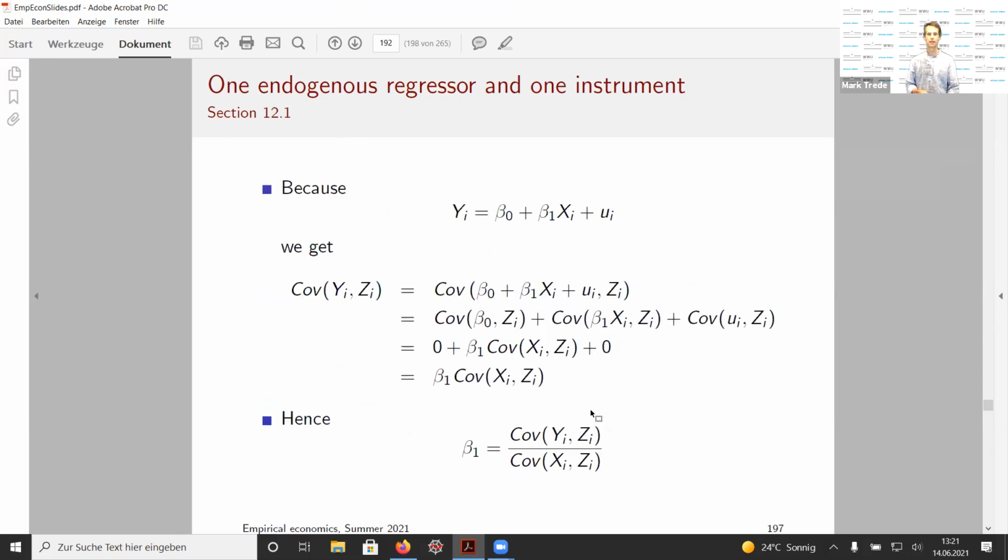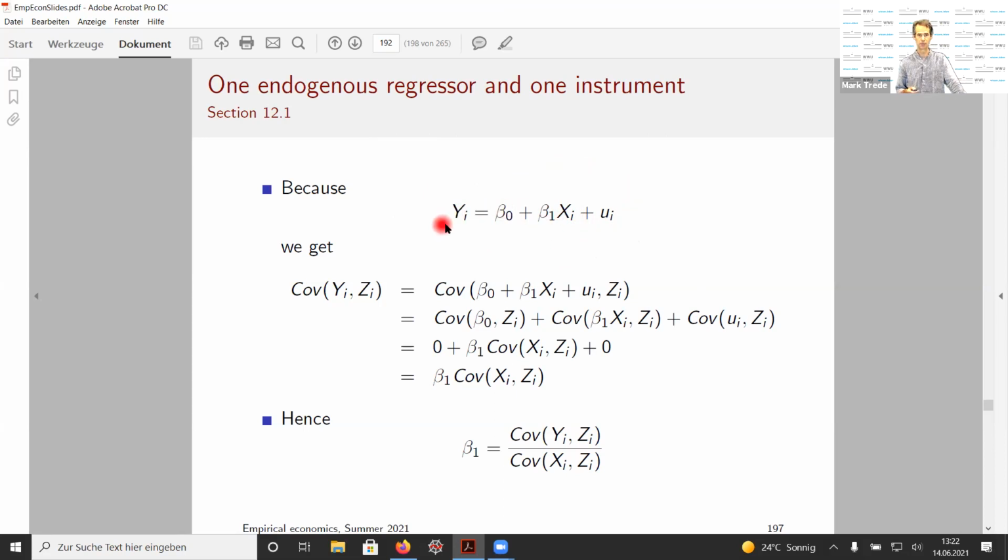All right, let's have another look at this regression equation. So let's start again with the original regression. We regress yi on xi. So not on the good component here, but on the original regressor xi. Now we look at the covariance between the yi's and the instruments.